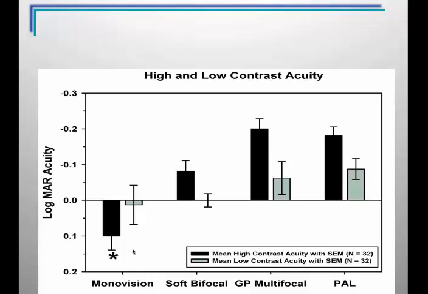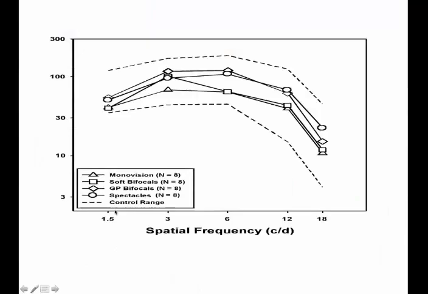In high and low contrast acuity, you can tell that it was comparable in both of these between GP multifocals and progressive addition lenses. Next were the soft bifocals, and the least performing modality was monovision. This was likewise true with contrast sensitivity function, where the high bars indicate better contrast function. You can again see progressive addition lenses and GP multifocals.